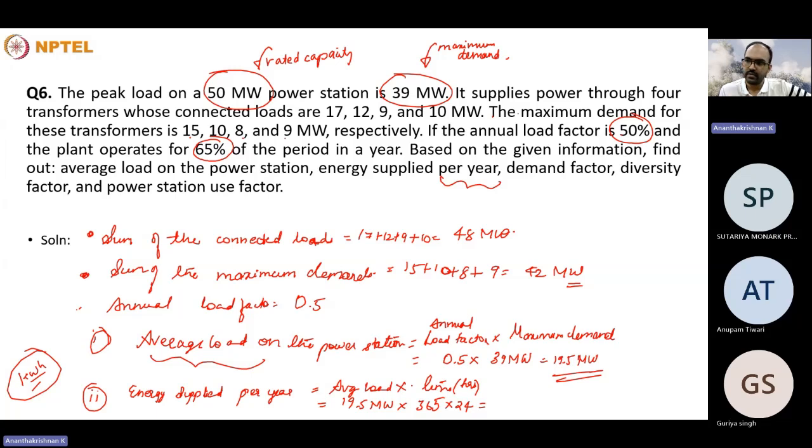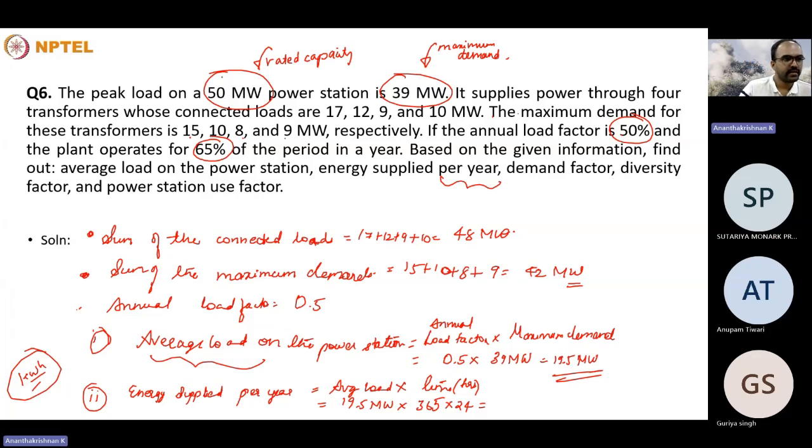I have looked into some textbooks and found out that the time is actually taken as 365 into 24. I can correct it if the equation is something else. For the time being, just keep this as it is. The average load multiplied by the time gives the energy supply per year.